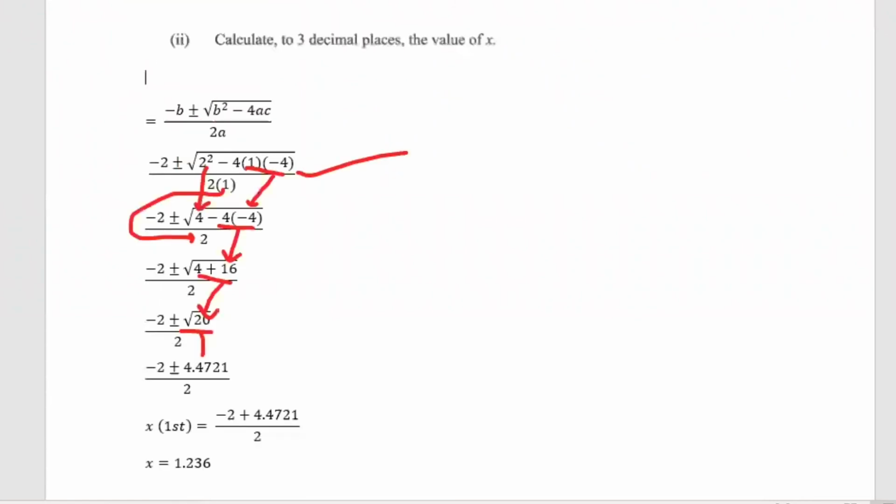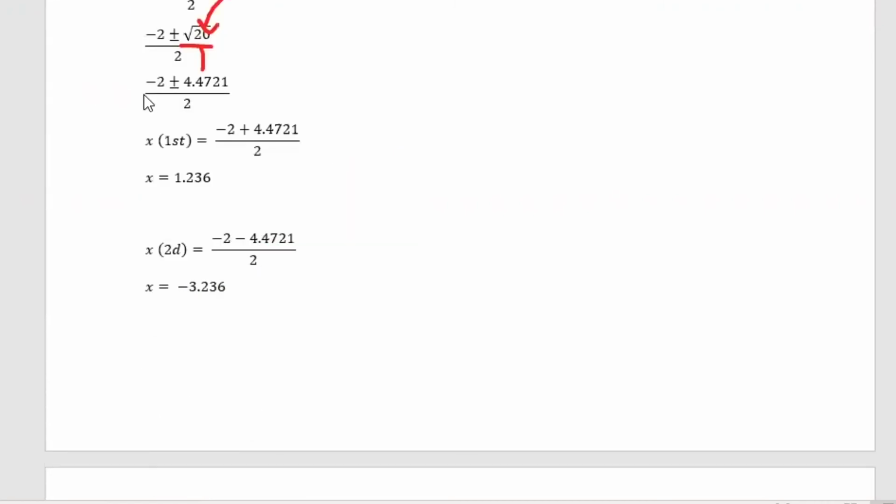So one gave rise to the equation being split to give negative 2 plus, and then the other was the minus sign. So we split that plus or minus sign to solve for the two possible values for x.